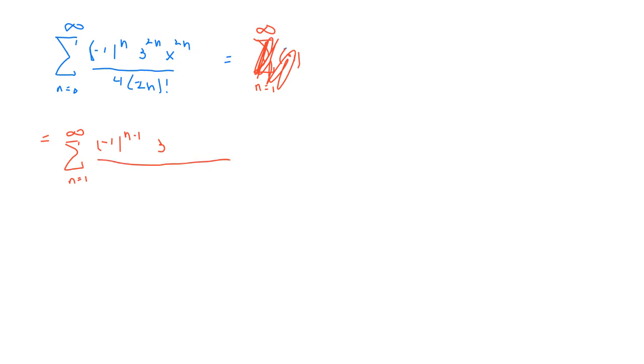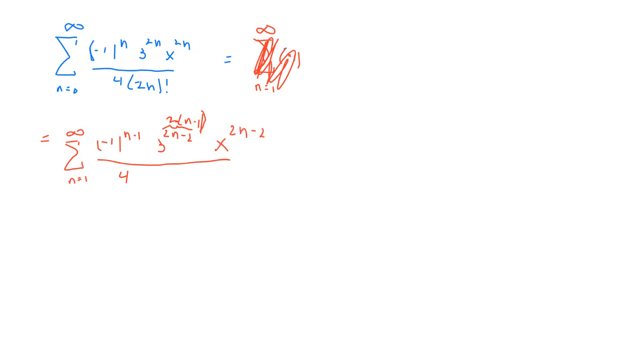What would the power be on the 3? That's right. Good, Nathan. 2n-2, because 2n-2 is 2 times n-1. And then x to the 2nth power would also be x to the 2n-2.